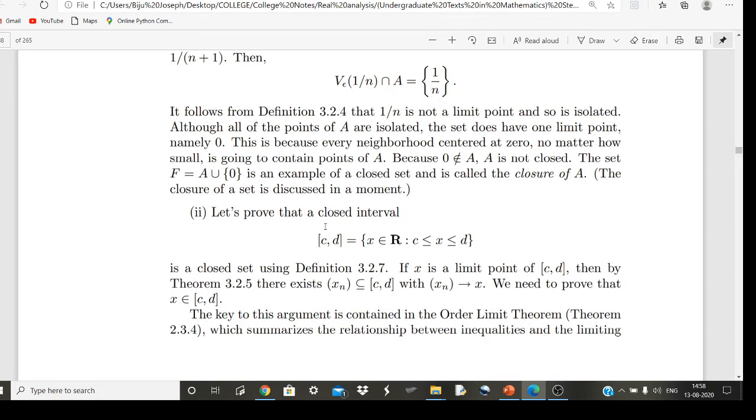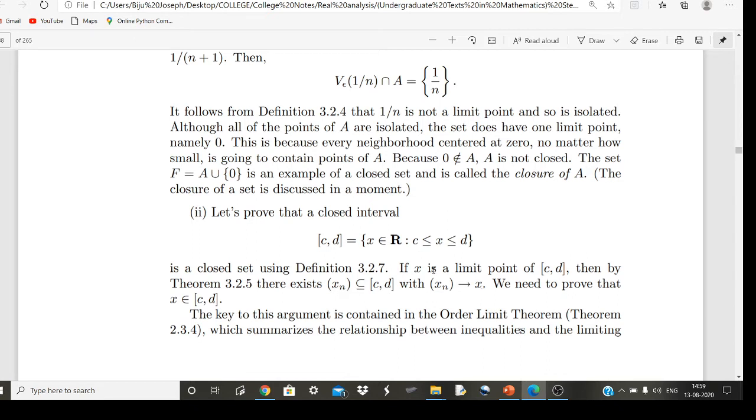Here we discuss the closed interval [c, d]. Now we show that this closed interval [c, d] is a closed set. So let x be a limit point of the closed interval [c, d]. Then by definition of limit point, there exists a sequence x_n in the closed interval [c, d] and the sequence x_n converges to x.